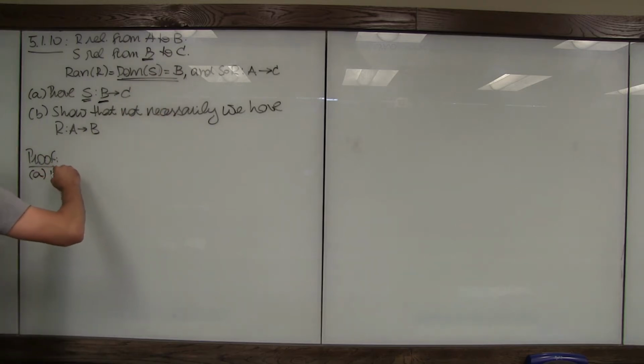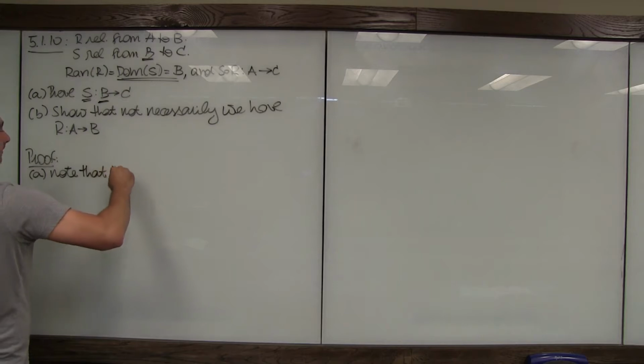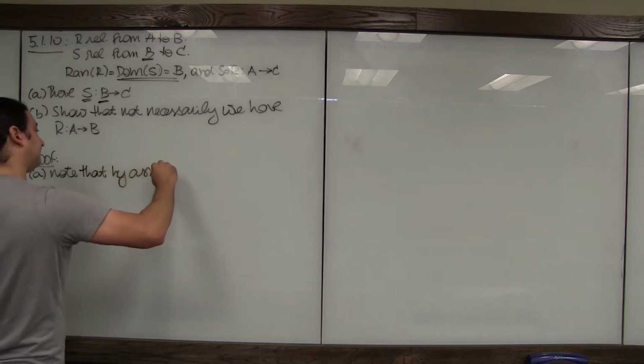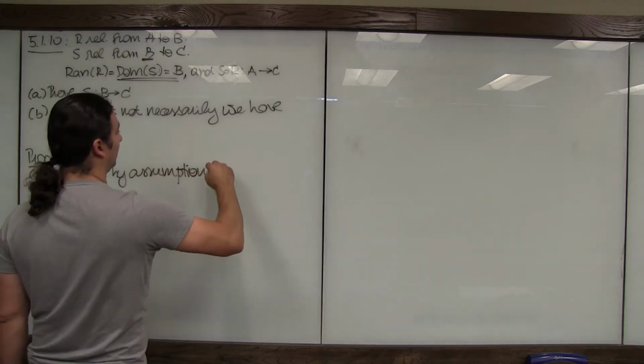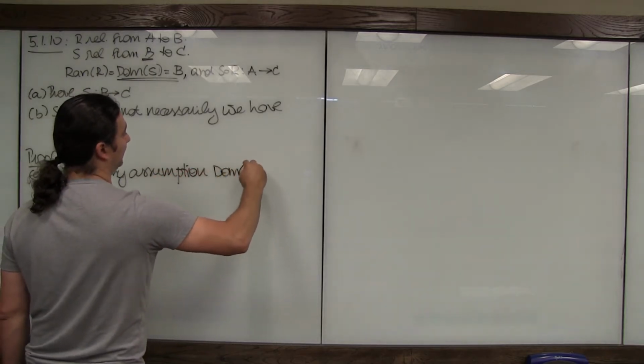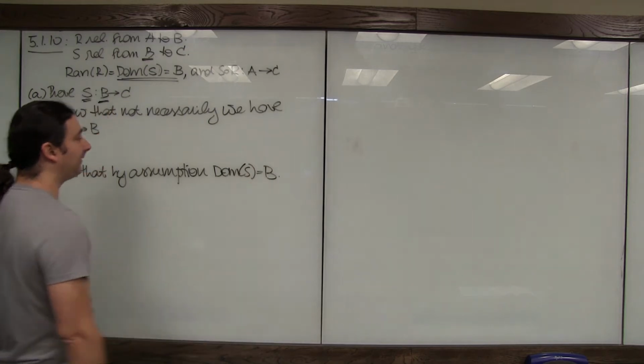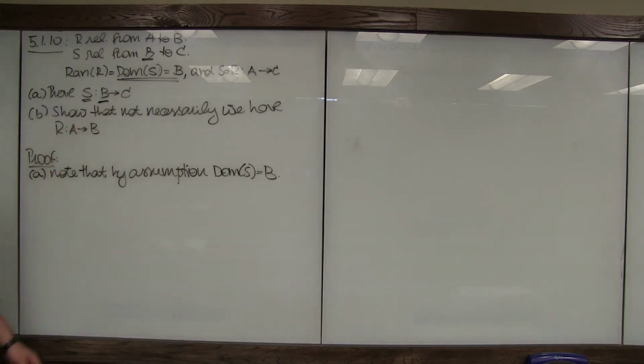So maybe we should say that from the start. So note that by assumption, we have that the domain of S is B. So this would be the first thing we have to prove, but it's just an assumption in this case. So that was easy.